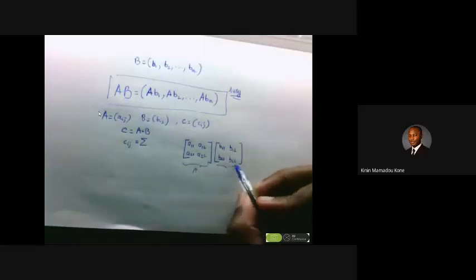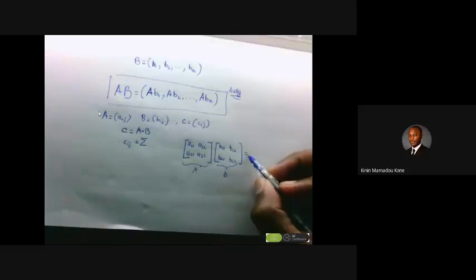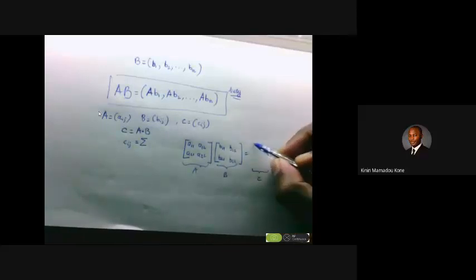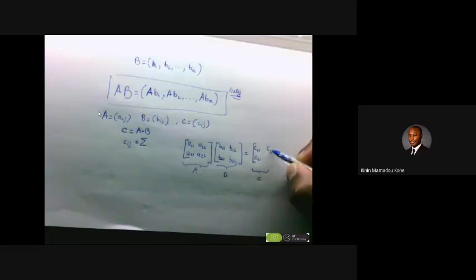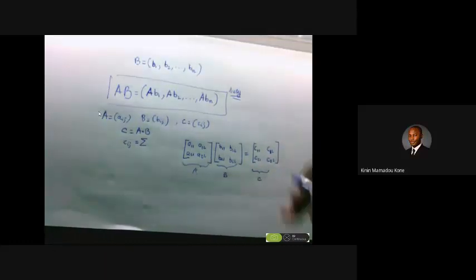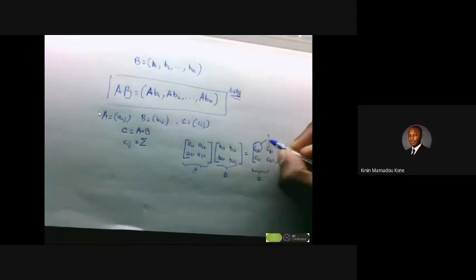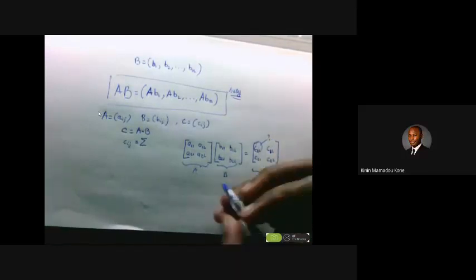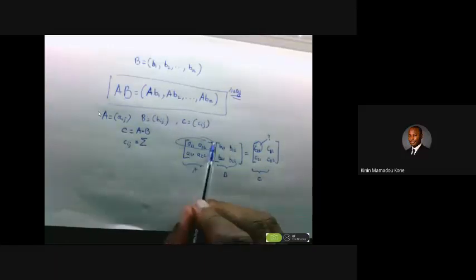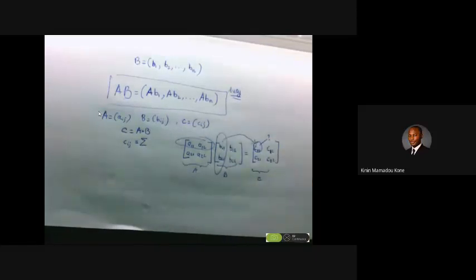And what we're saying is that A times B is supposed to equal a matrix C. Matrix C has entries C11, C21, C12, and C22. So this entry over here, what does it equal? The C11 that is here is equal to the scalar product of this row and this column over here, and we obtain the first entry.